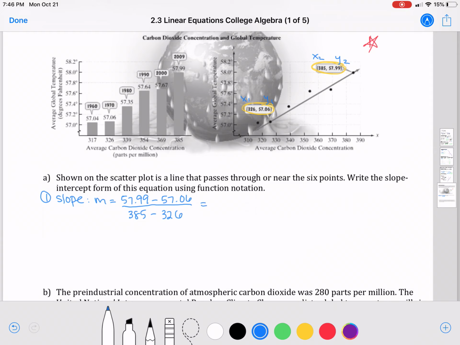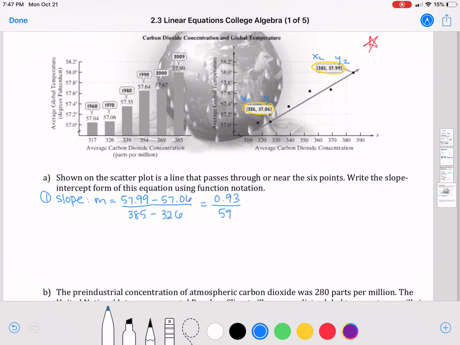So if we subtract our numerator, 57.99 minus 57.06, we get 0.93, and then 385 minus 326 is 59.